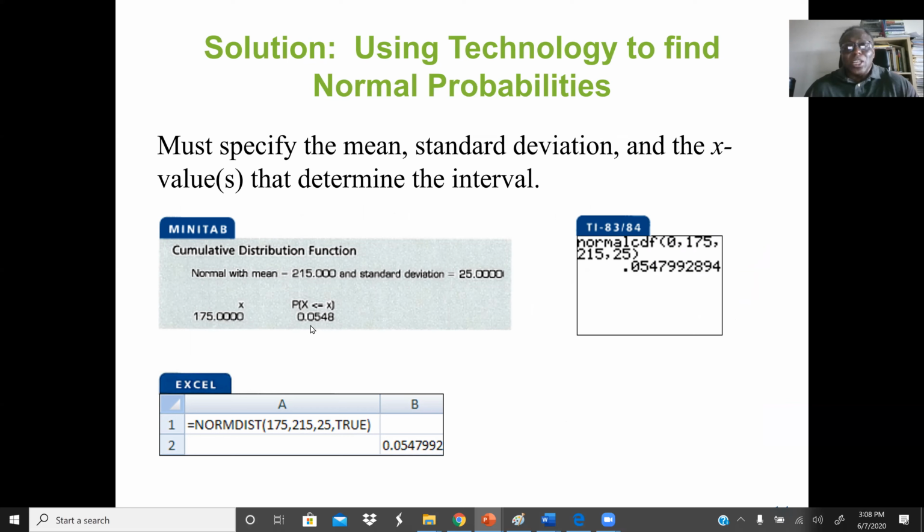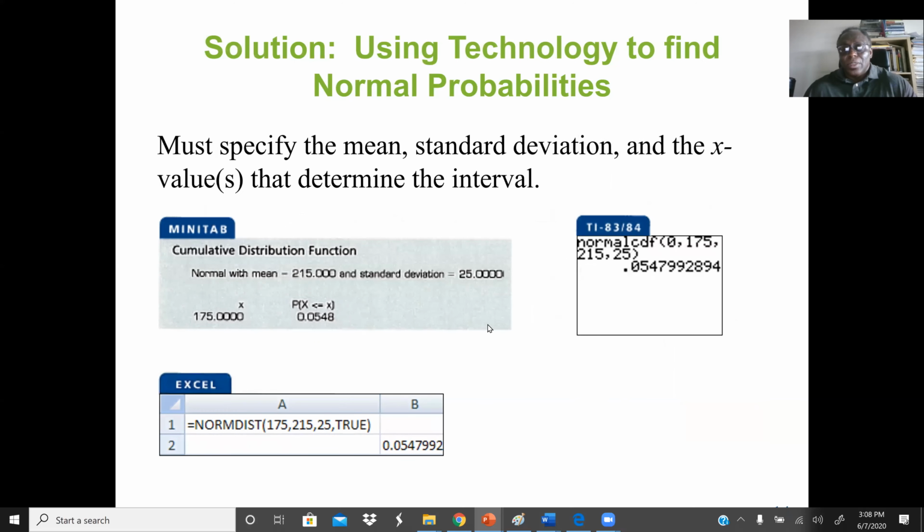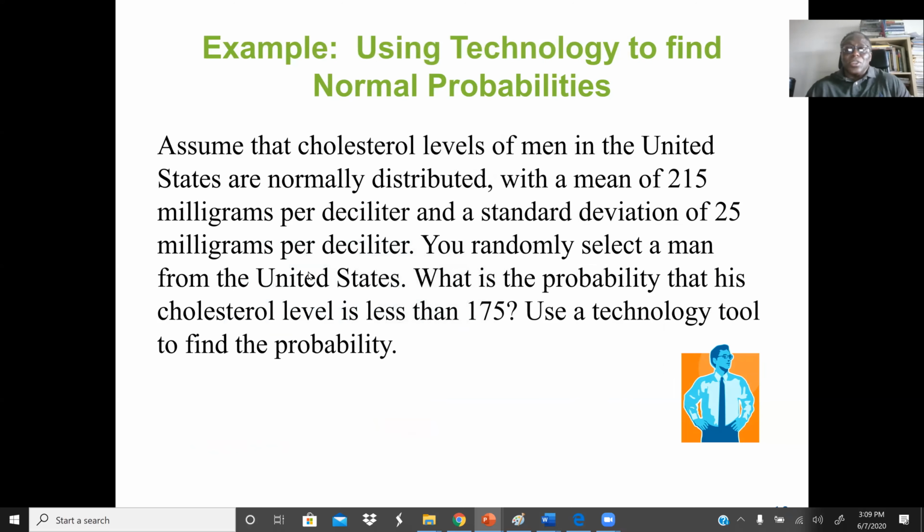Remember the question again said, what is the probability that his cholesterol level is less than 175? So we have 175. Here, the cumulative distribution function is normal with mean 215 and standard deviation of 25, because these two values are given.